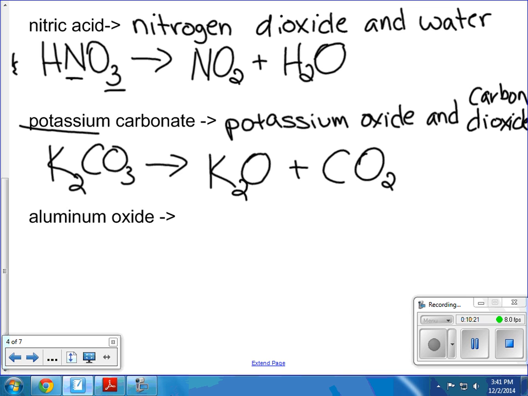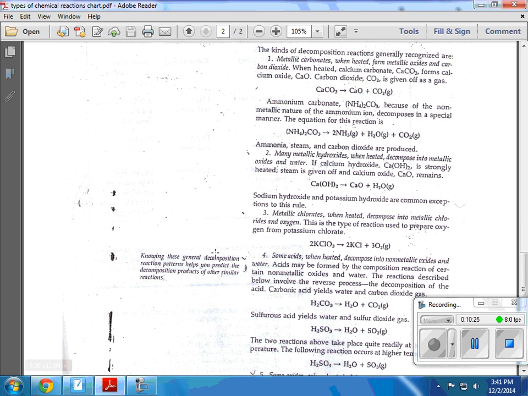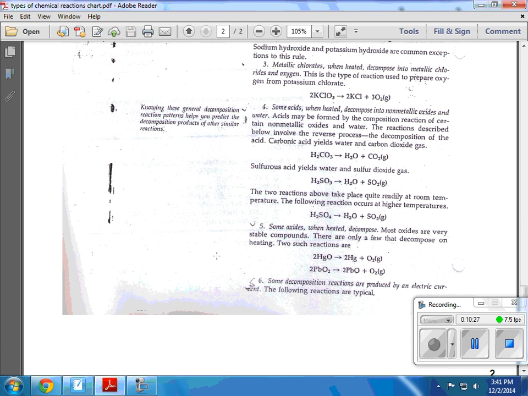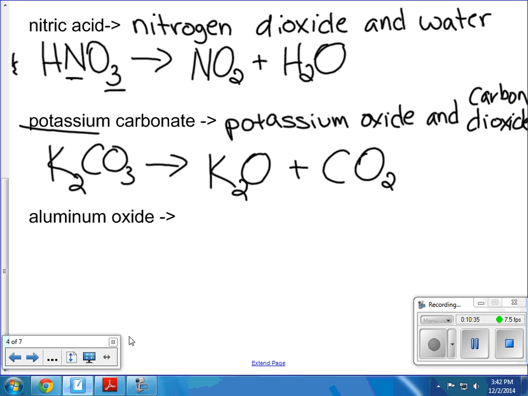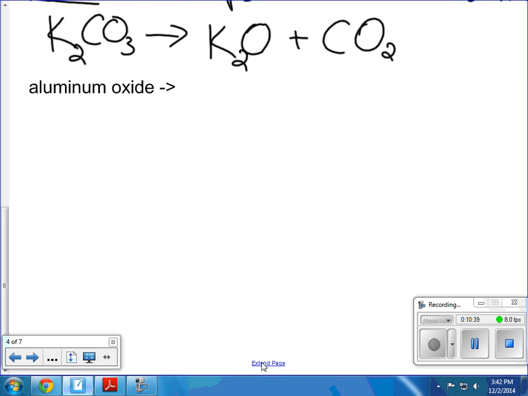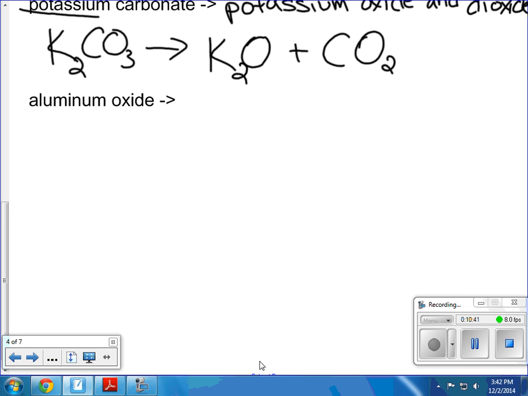And then the last one, aluminum oxide. We scroll down to number 5. Some oxides, when heated, decompose. So if you look at the examples, they just split apart. So this is just going to separate into aluminum and oxygen.